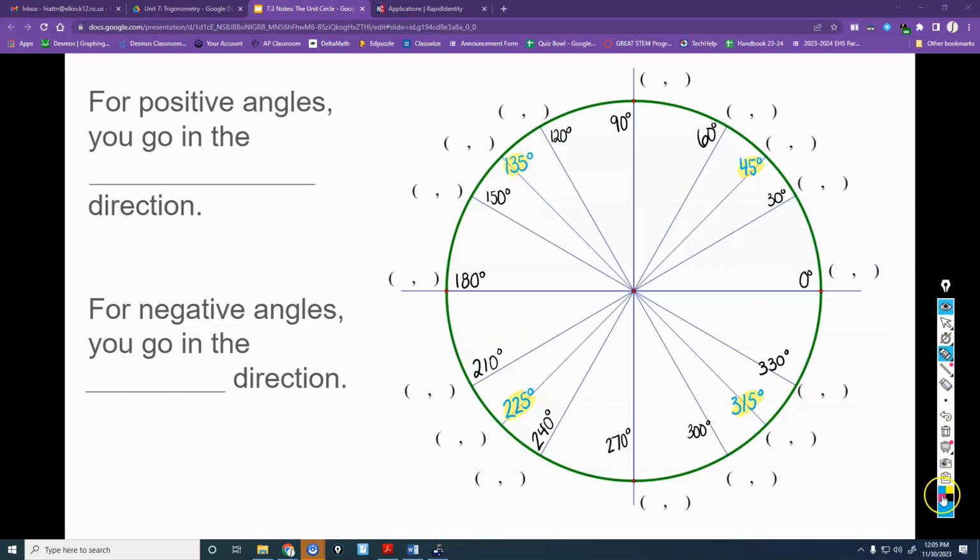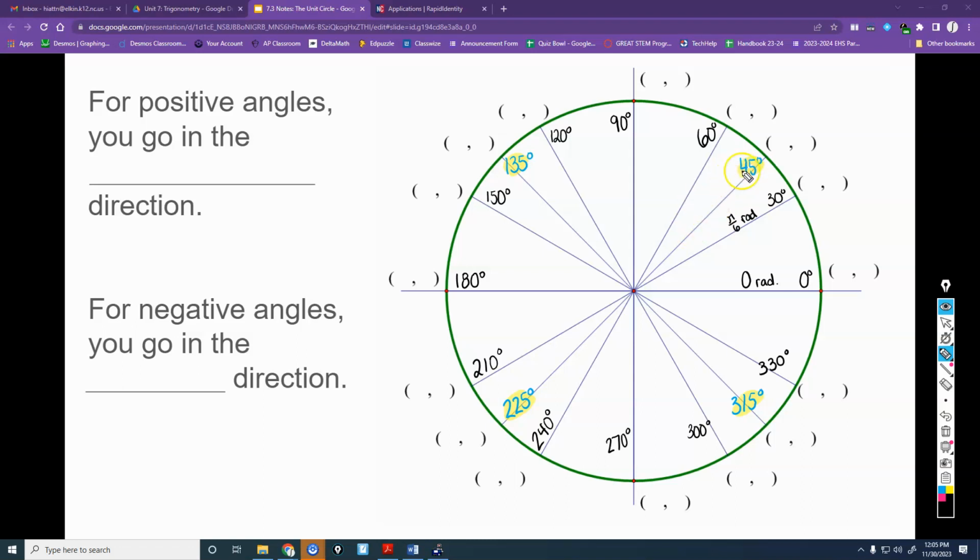All right, so the other thing that we're going to need here is our radian measures. So we had already filled in radian measures for the first quadrant. We had 0 radians here. We had pi over 6 radians here. I'm going to skip this one right here for now because it's not on Desmos, so we'll add those in last.